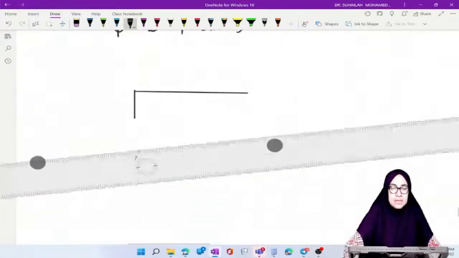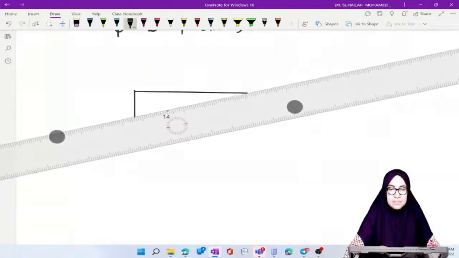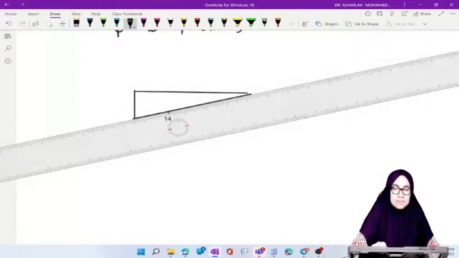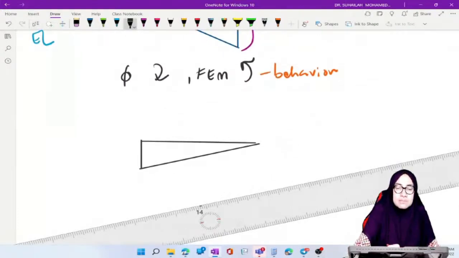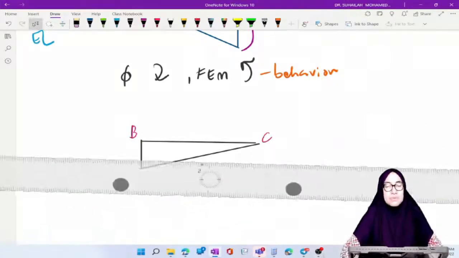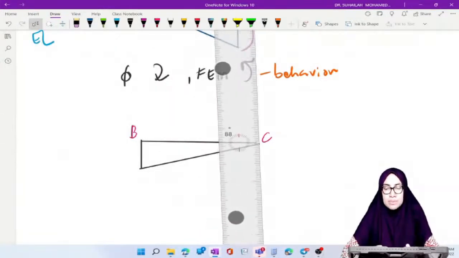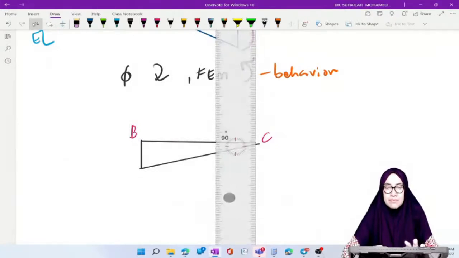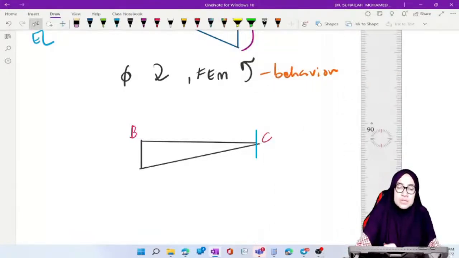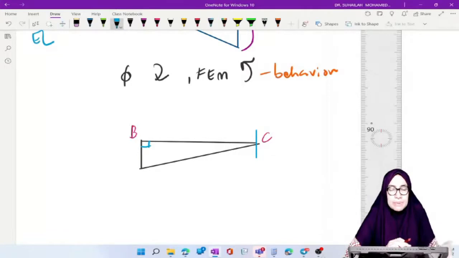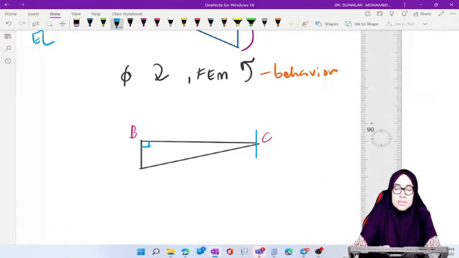This is B and C. Of course, B and C have fixed end supports, so perpendicular. The length is 6 meter.